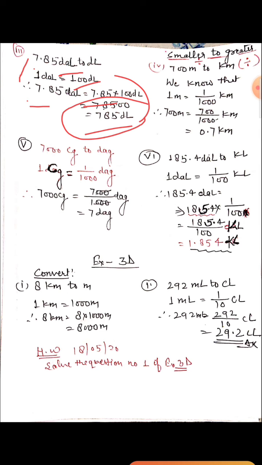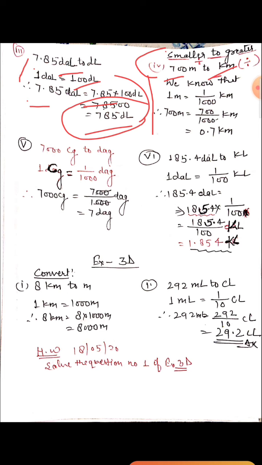Now the fourth is smaller to greater, 700 meter to kilometer. If you have this type of question, firstly you match the unit. What is the question asking? Convert 700 meter into kilometer.